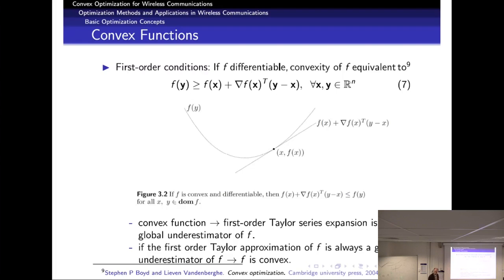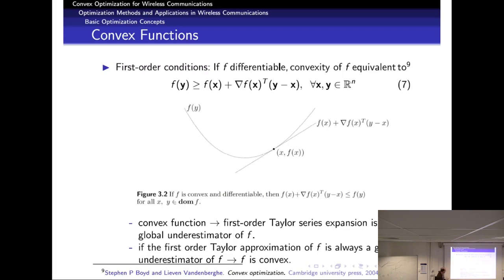So this is another property of convex functions, and because you use first order differentiability, you have to assume that f is differentiable. So this is a condition that holds when f is differentiable. Right, and what is interesting is the following. If your function is convex, then you know that this first order Taylor expansion will be an underestimator of the function, but you can show the opposite as well.